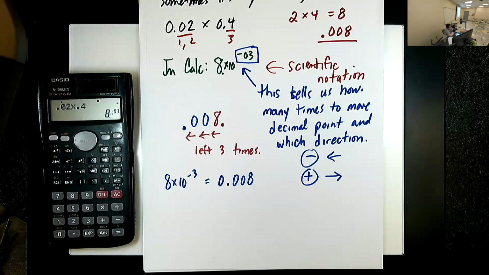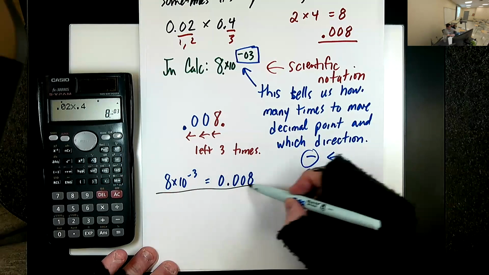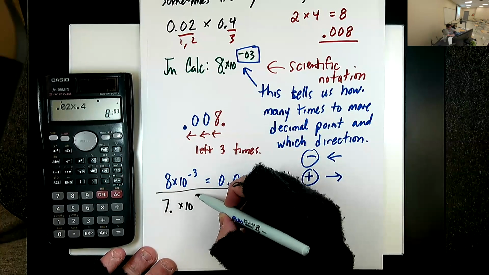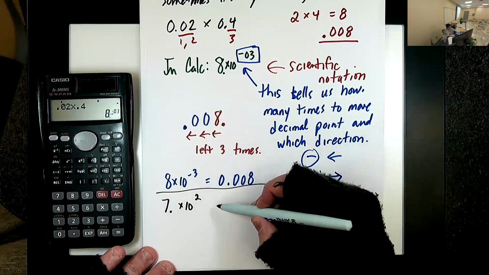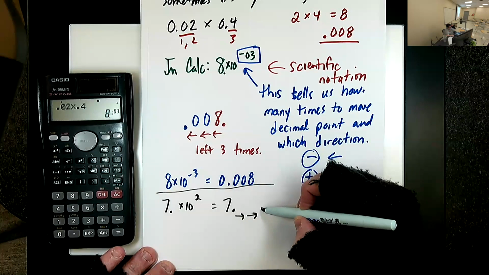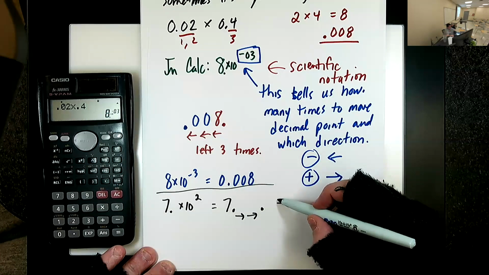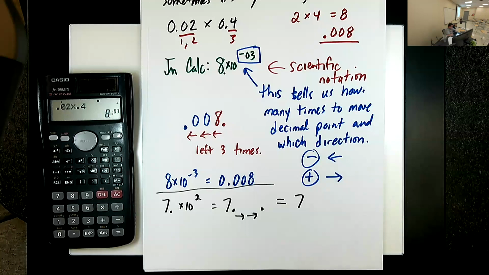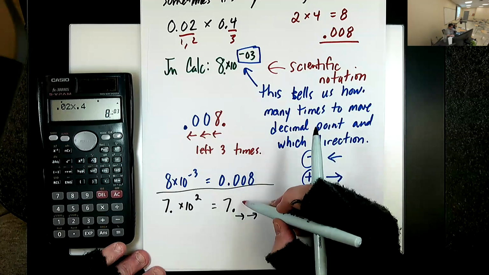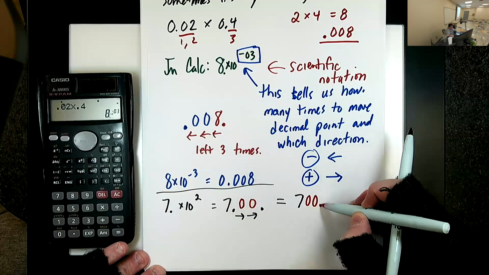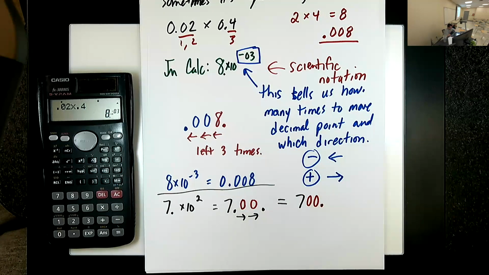If it's positive, we go to the right. I did 7 times 10 to the second power. I'm going to the right 2 times. I'll add in some zeros, and I put the decimal after it, and that becomes 700.